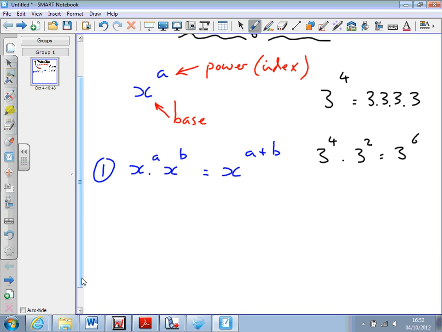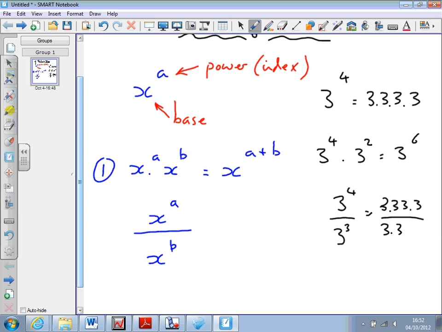Following a similar argument, if I were to divide a number raised to a power a by the same number raised to the power b, for example, 3 to the power 4 divided by 3 to the power 3, then hopefully you can see that that would equal 3 times 3 times 3 times 3, 4 lots of 3, divided by 3 times 3 times 3, and then I could cancel, because 3 goes into 3 once at the top and the bottom.